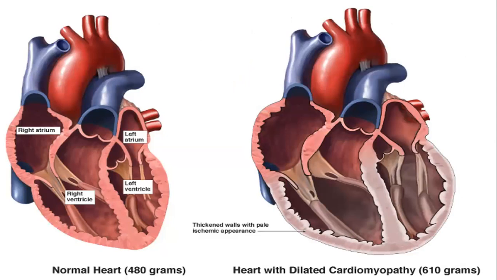There is dilation of the heart. So dilated cardiomyopathy. You can see dilated cardiomyopathies in different conditions. We will later revise them again. So we will see dilated cardiomyopathy, what happens in them.